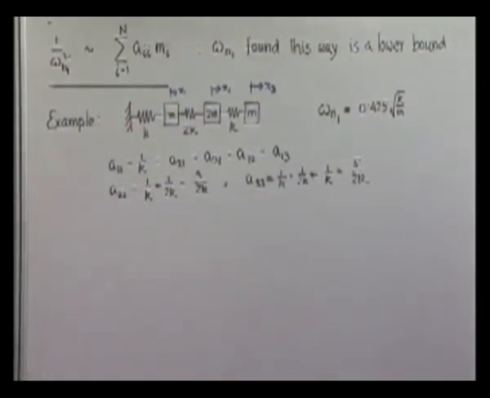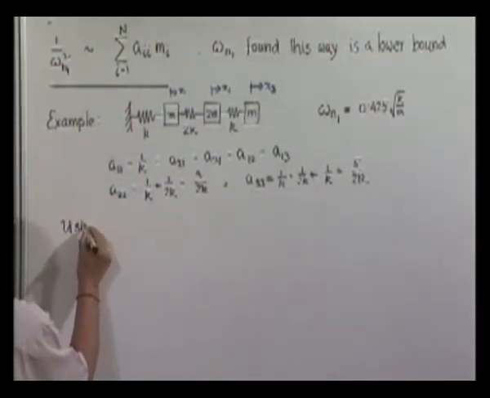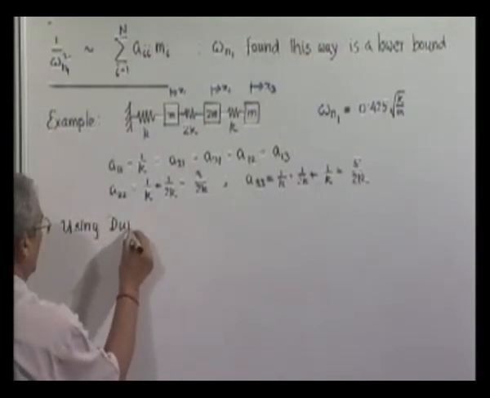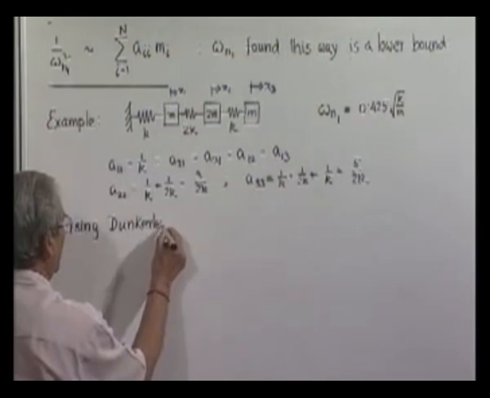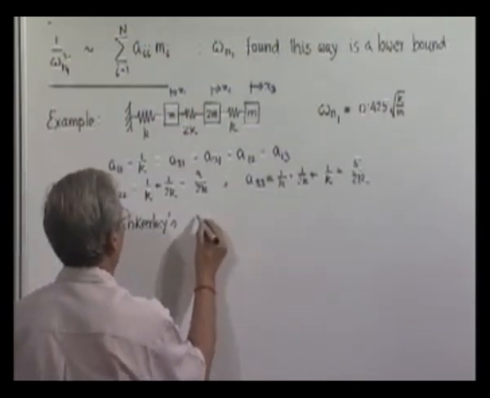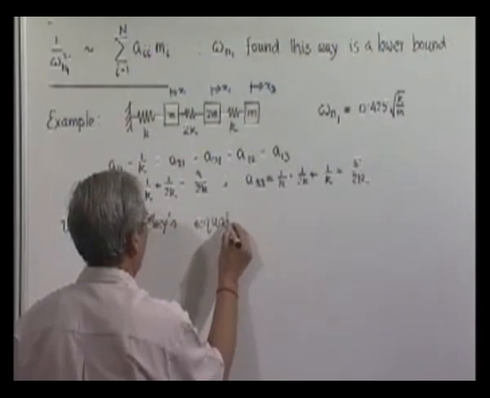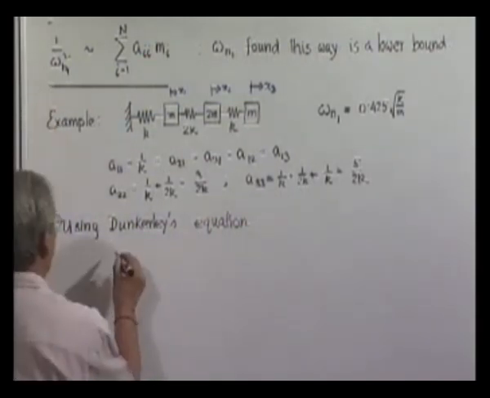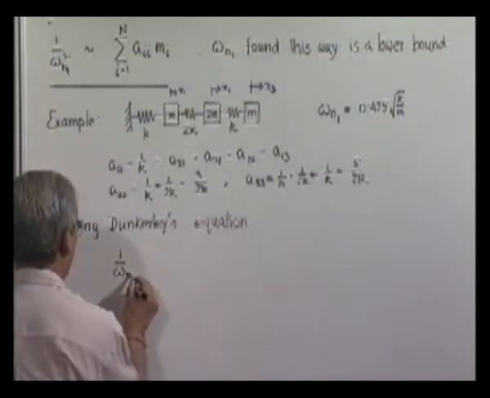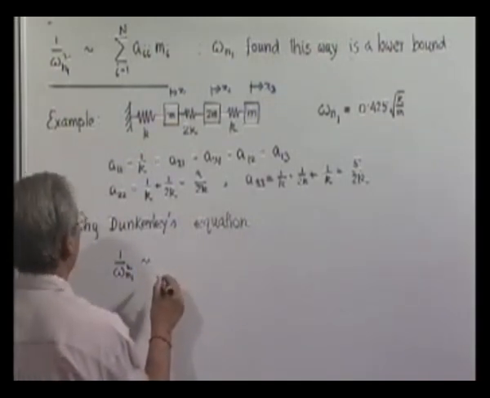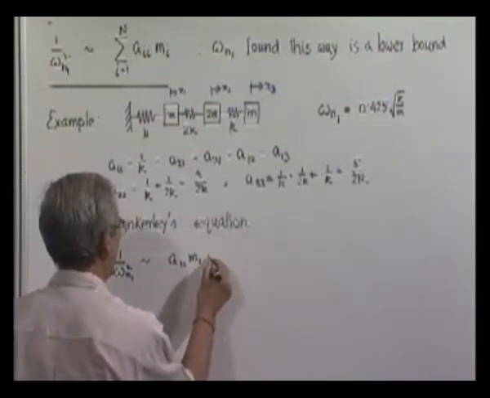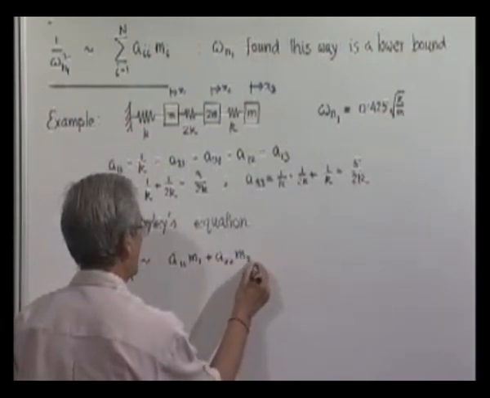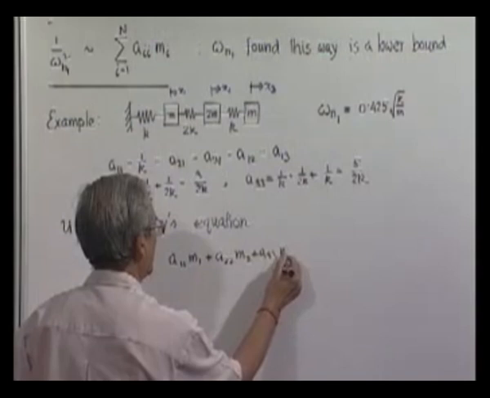So, by Dunkerley's approach, 1 by omega n1 square is approximately equal to A11 m1 plus A22 m2 plus A33 m3.